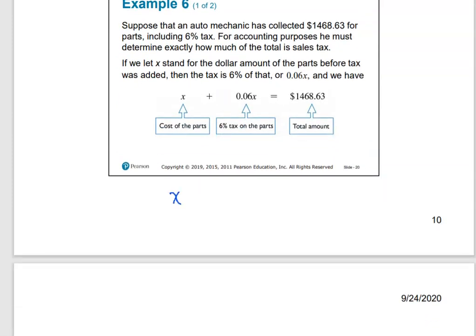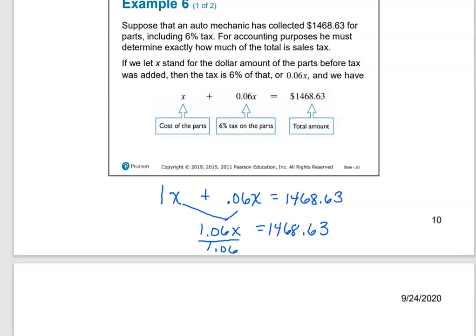x is the cost of the parts, but we know we're charging 6% sales tax, so we would say 0.06 times the cost of the parts is equal to $1,468.63. Well, these are like terms. We could put this together. Remember, this x is really 1x, so 1 plus 0.06 times x is equal to... okay, now remember that we want to divide by whatever is in front of the x.